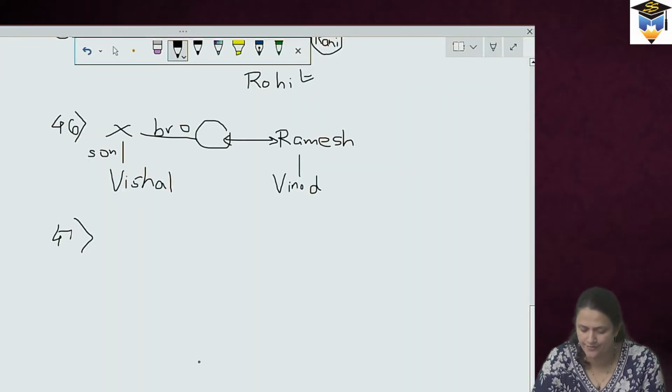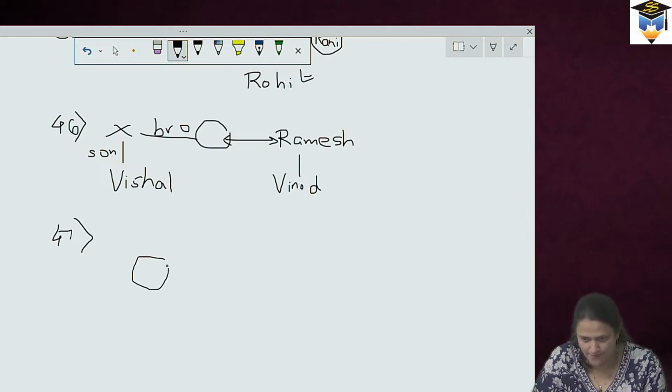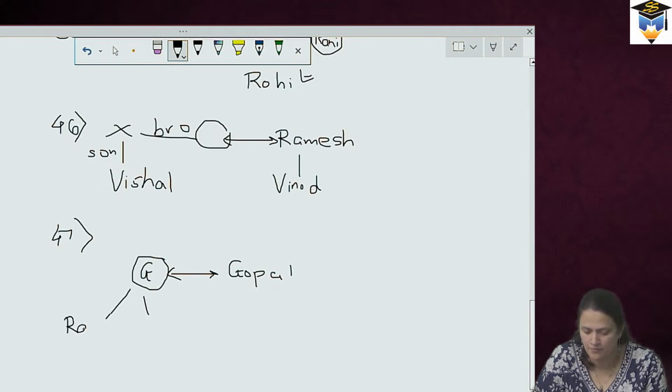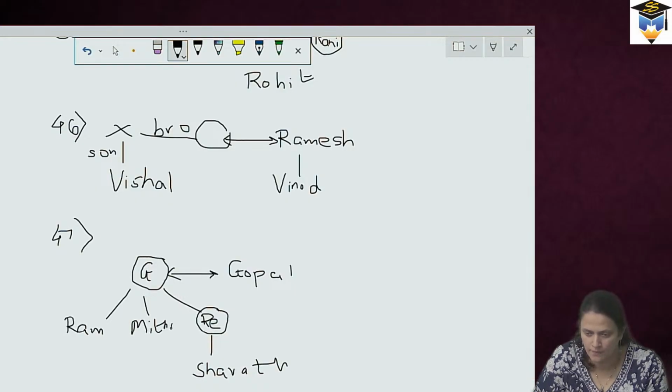So let us start with Ganga. Ganga is the wife to Gopal. And they have two sons, Ram, Rekha, who is Sharat's mother, no? Sharat. And there is Mithun, who is uncle to Sharat.